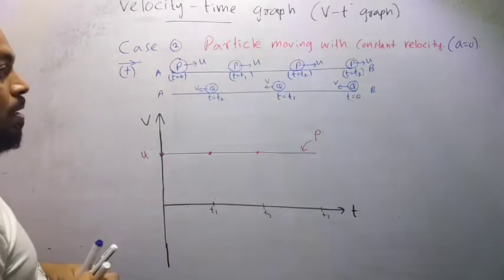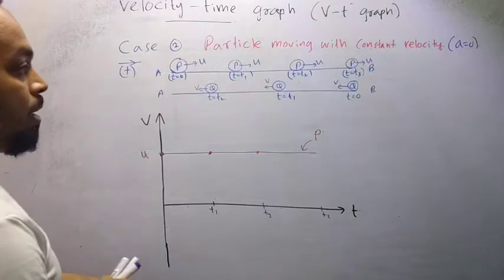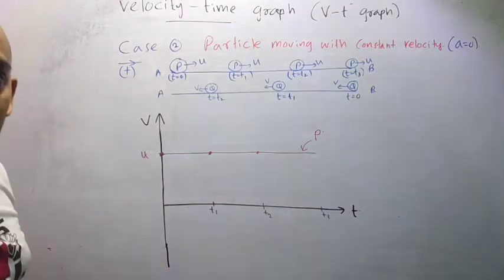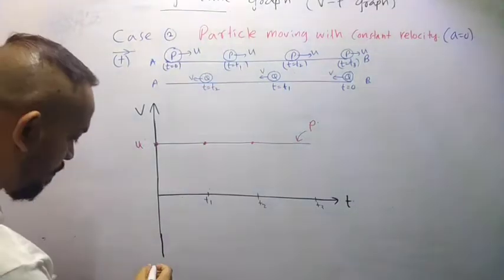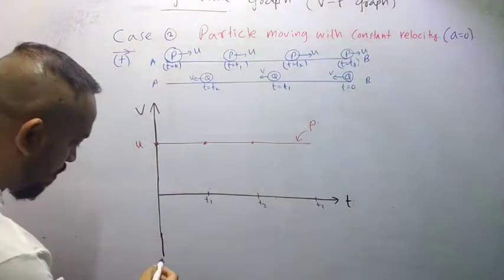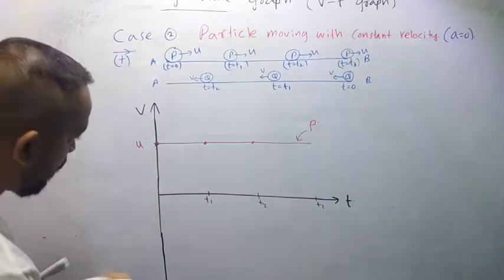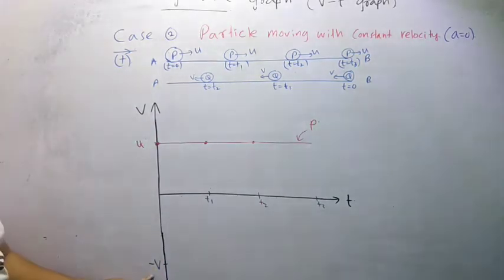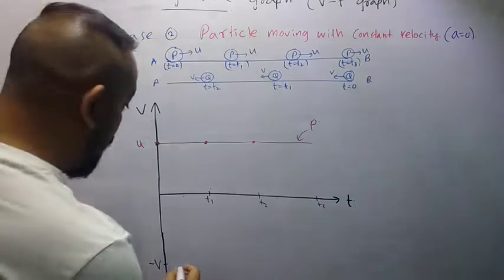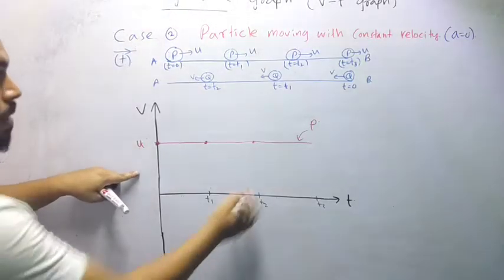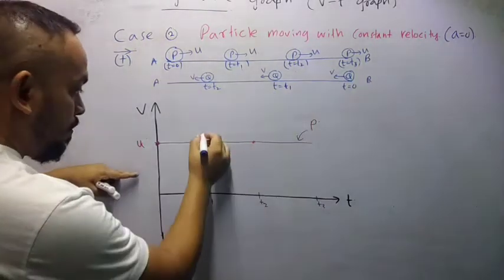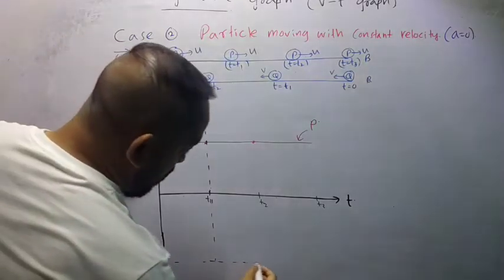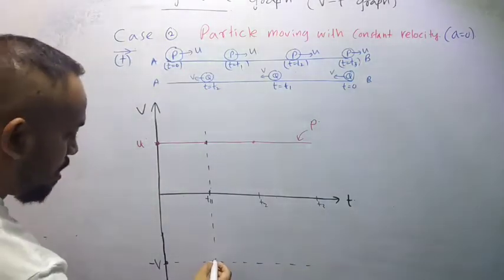Right. So here it should be at t equals 0 it's v. So let's say v would be somewhere here. Let's say this would be negative v, right? Make sure to mark it as negative v. This is where you start at t equals 0. Then t equals 1, right? t equals 1, it's here.